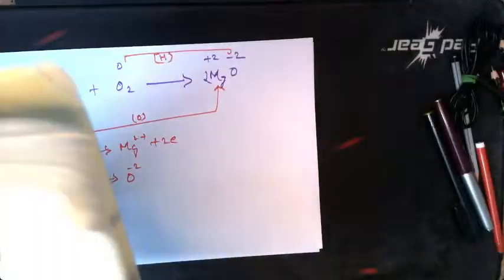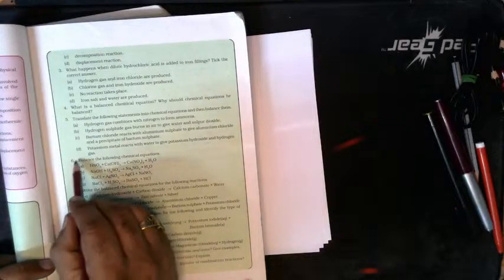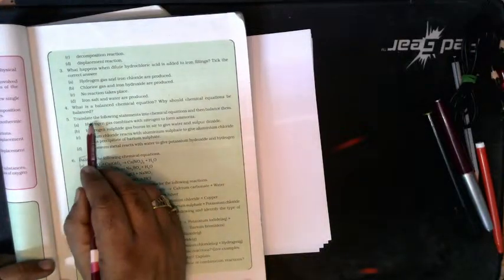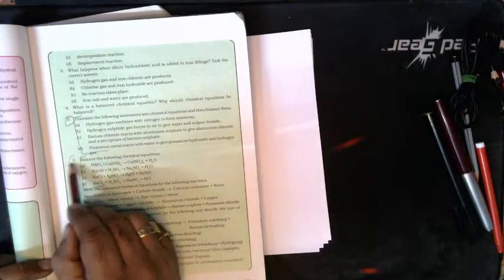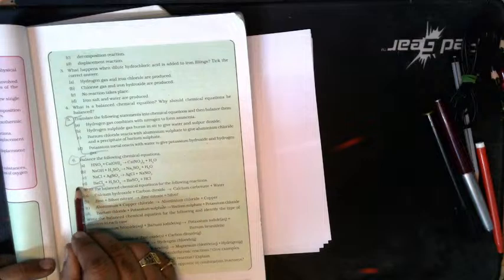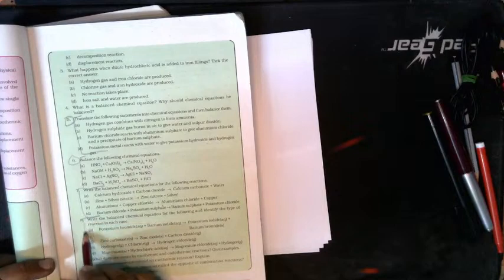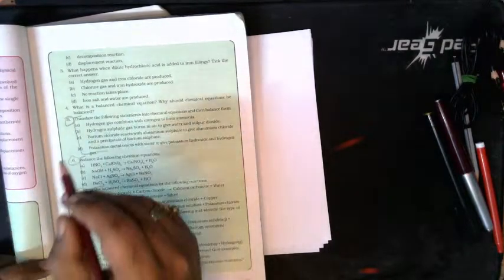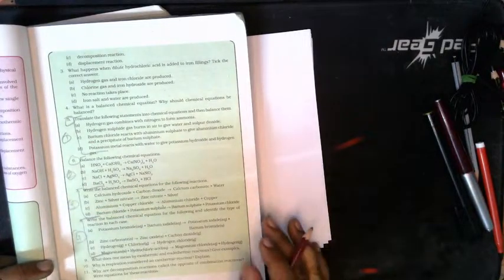For example, the exercise given on page number 15, where you have to balance the following equations and translate the following statements, that is 4, 5 and 6, and write down this set of reactions. You have to practice all these things. These are very important. So 1, 2, 3, 4, you can take these as worksheets.